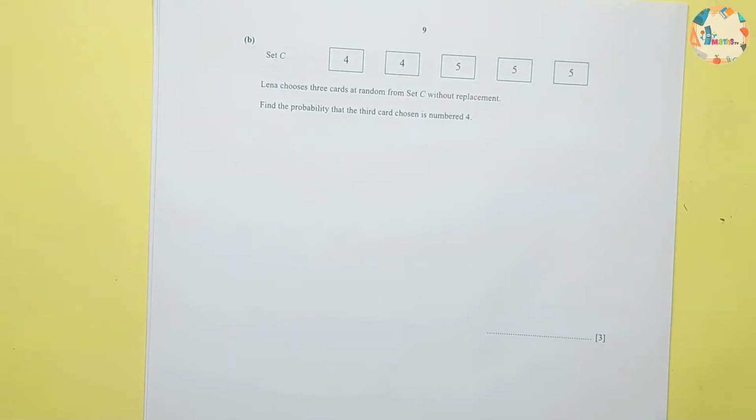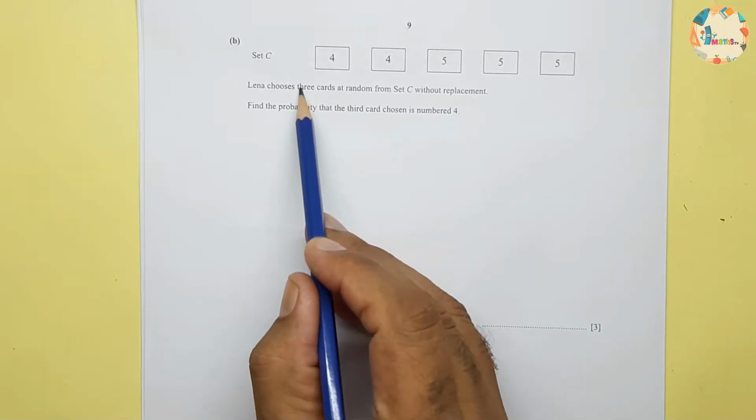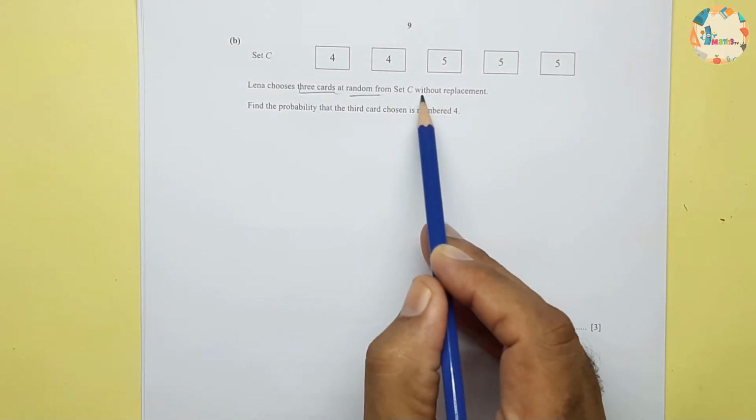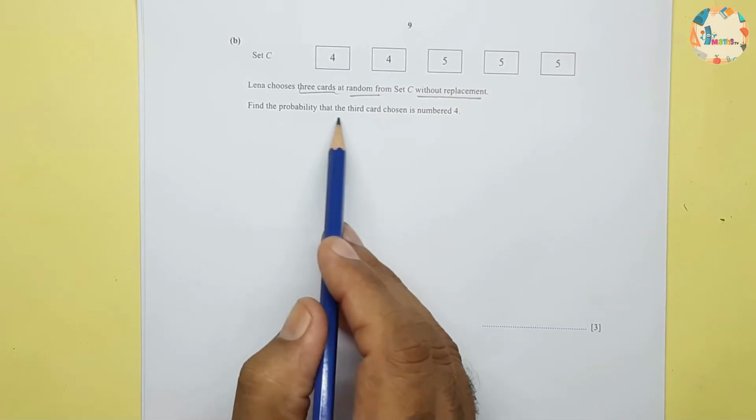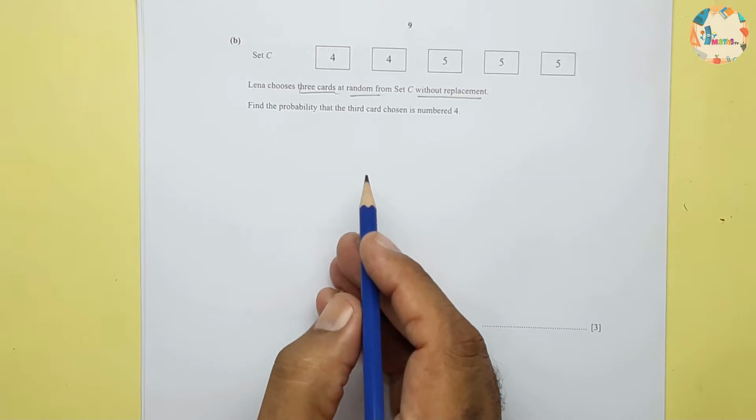B part, set C is also provided, 4 4 and 5 5 5. Lena chooses three cards at random from the set without replacement. Find the probability that the third card chosen is numbered 4.